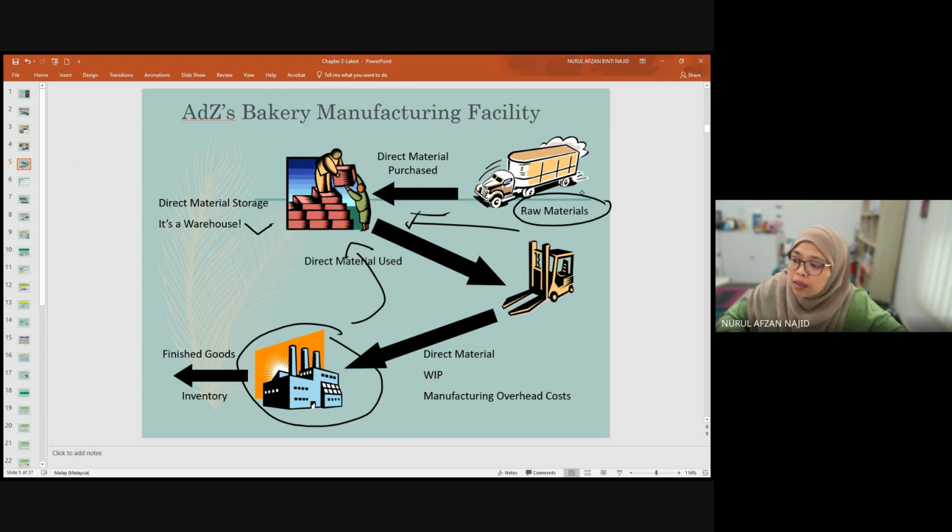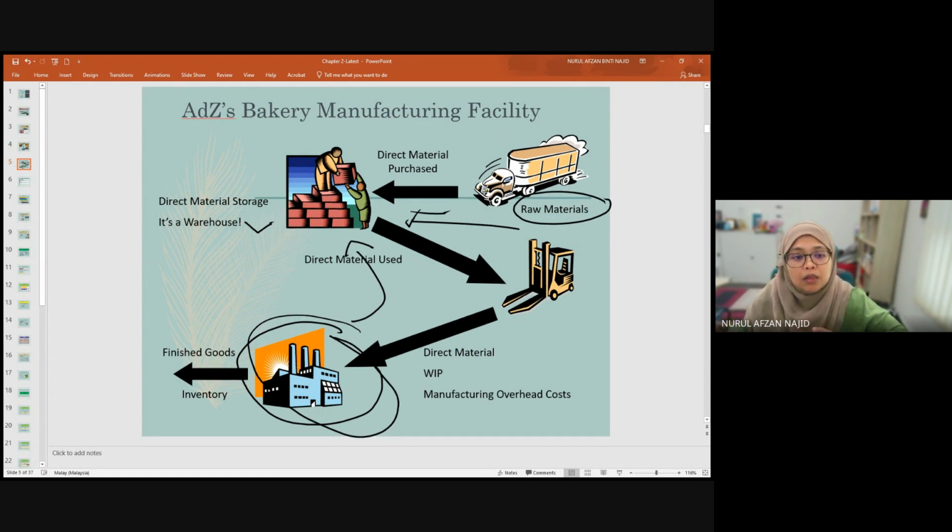So the manufacturer akan bagi arahan kepada storekeeper untuk mengeluarkan material yang perlu digunakan. Okay, so at the end of the day, di sinilah berlakunya proses converting raw material into the finished goods.